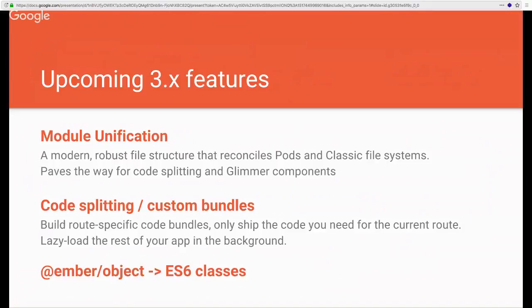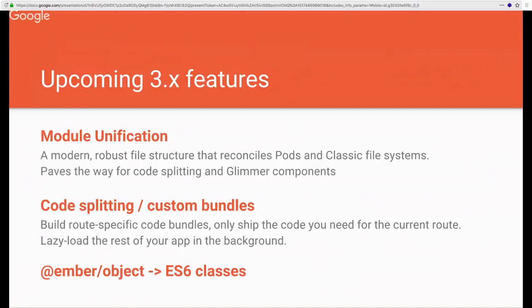The new file structure is much more organized and systematically thought out, and it paves the way for code splitting your app and eventually Glimmer components, which we're going to get to later. The module unification file layout is available today if you start a Glimmer.js app. That's where the experimentation took place, and it's made its way back into Ember.